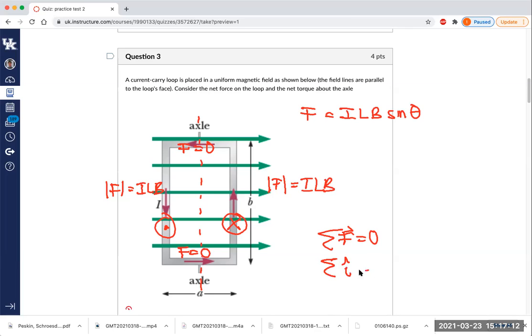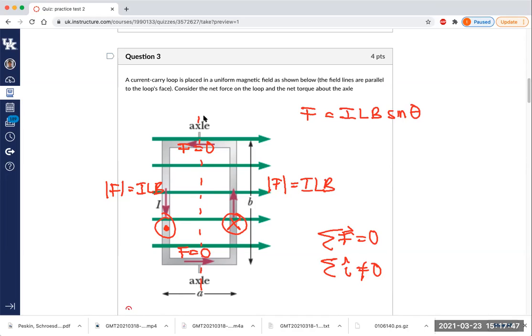The torque will be not 0. Think about this axis. This force, the outward force on the left-hand side, will try and twist the loop out of the page on the left and into the page on the right. That's the torque that would be made by that force. The force on the right-hand side is going to do the same thing. It's going to try and push the right-hand side of the loop into the page and pull the left-hand side of the loop out from the page.